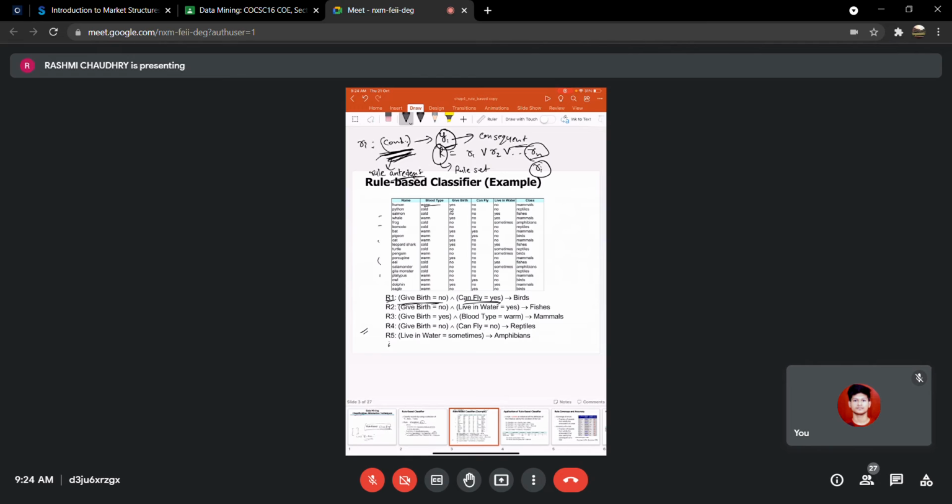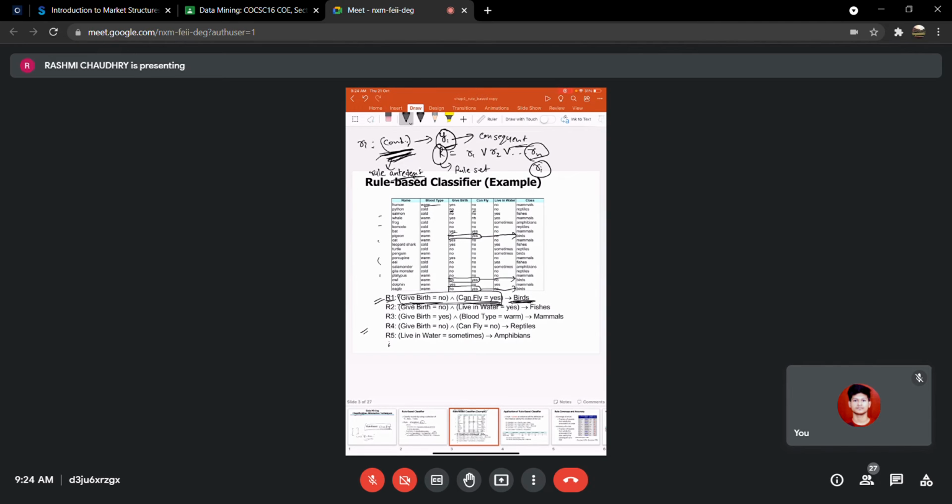Gives birth no, can fly yes. This is meeting. If these two conditions are true, then it will belong to the birds category. Let's check. Yes, it is bird. So I can say that if this precondition is true, then it will belong to birds.